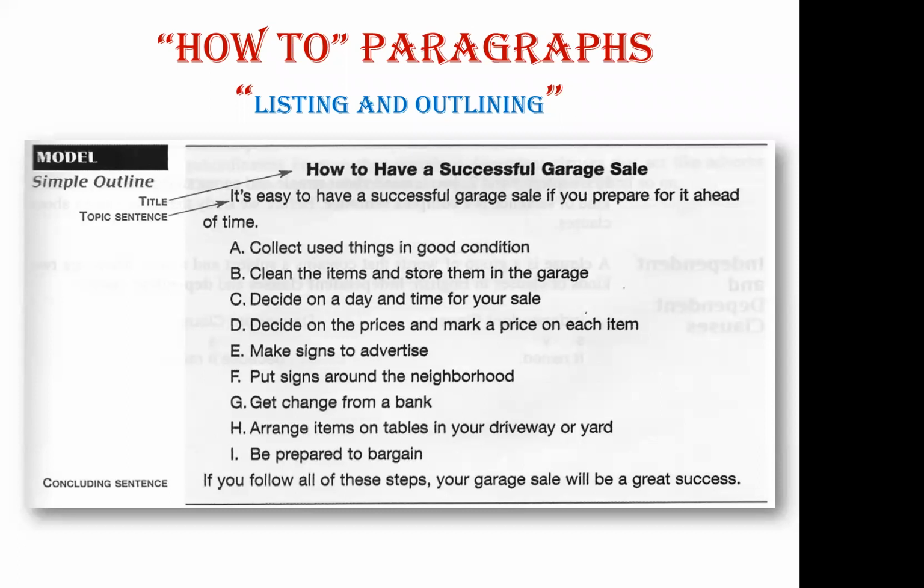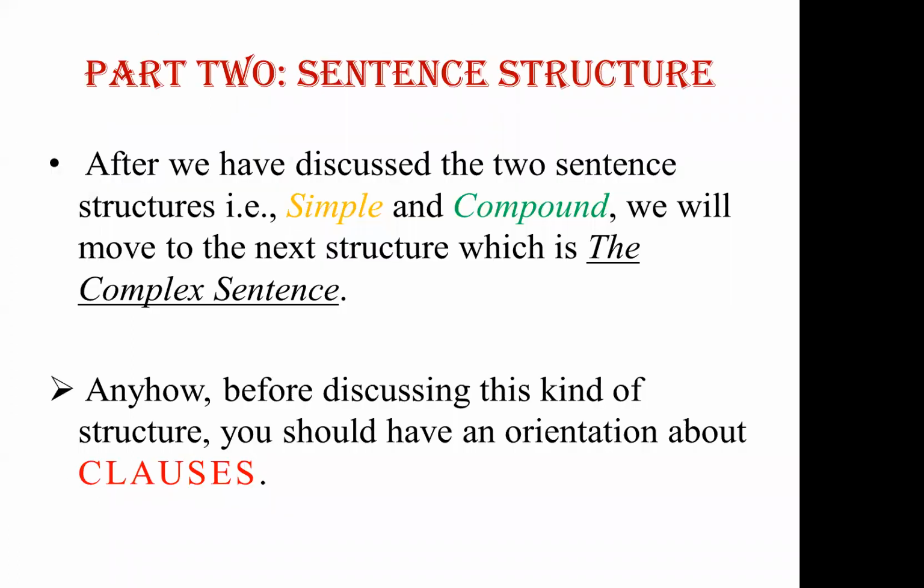It is the same thing, but you arrange your ideas in separate sentences without using transition signals, and also focus that we don't put periods after each sentence. We only put periods at the topic sentence and in the concluding sentence. And this is all about listing and outlining.